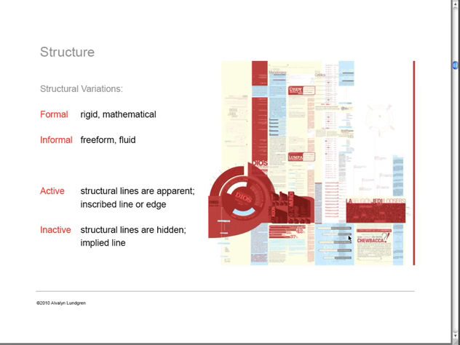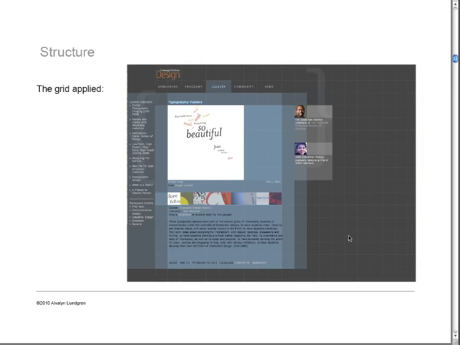An active structure can be formal or informal, but active is where the structure is actually visible. So if we go back to that web page, we see that the structural lines are visible as part of the final design. Therefore, the structure on which this design is built is active.